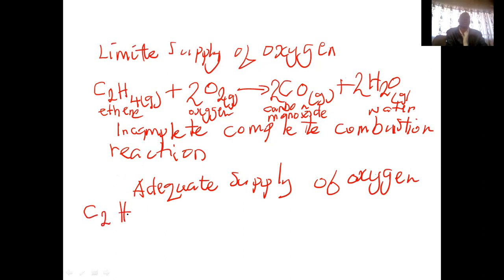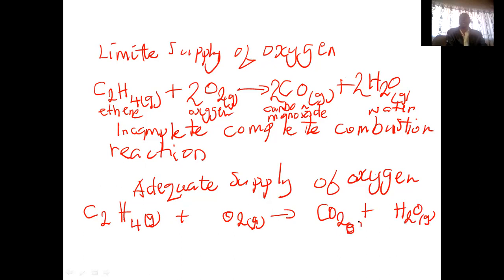That is ethene, which is a gas, would react with oxygen, which is a gas, to produce carbon dioxide plus water, which is a gas. Carbon dioxide is a gas.